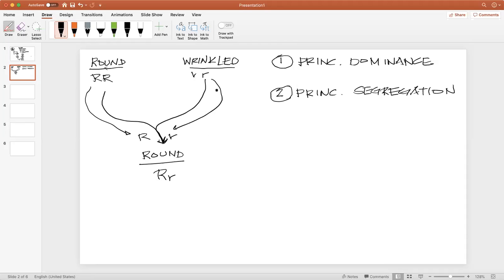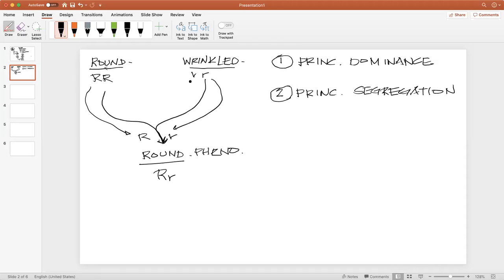Now, a couple other things I want to mention is that round is a physical appearance. Wrinkled is a physical appearance. In genetics, we refer to the physical appearance as the phenotype. But we happen to know that this round has two of the same alleles.